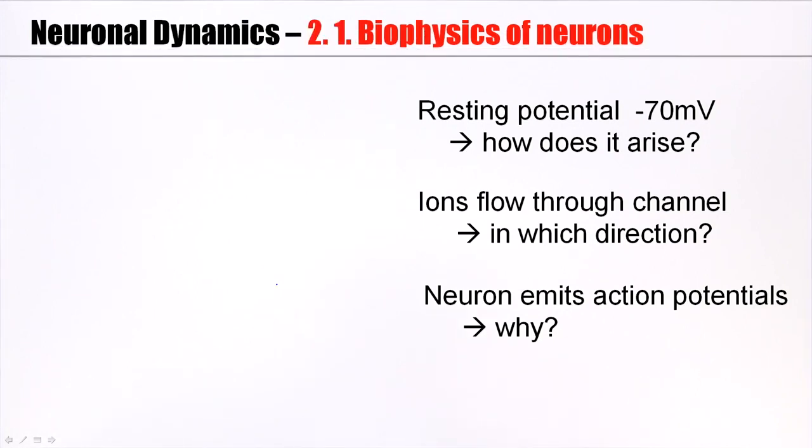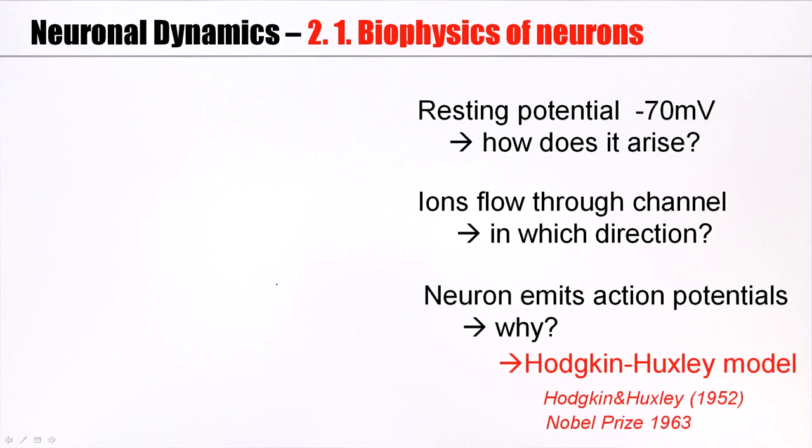Now, these are questions that have puzzled the community of neuroscientists for decades, until Hodgkin and Huxley published their model, a set of equations known nowadays as the Hodgkin Huxley model, probably the most famous model in the whole field of neuroscience, a model that's discussed basically in any textbook on neuroscience.